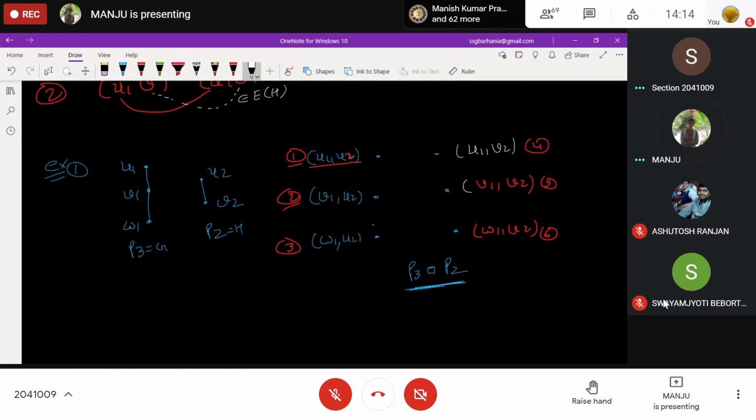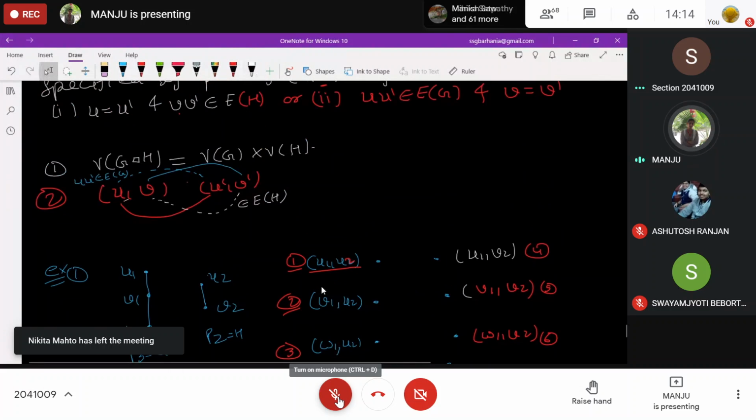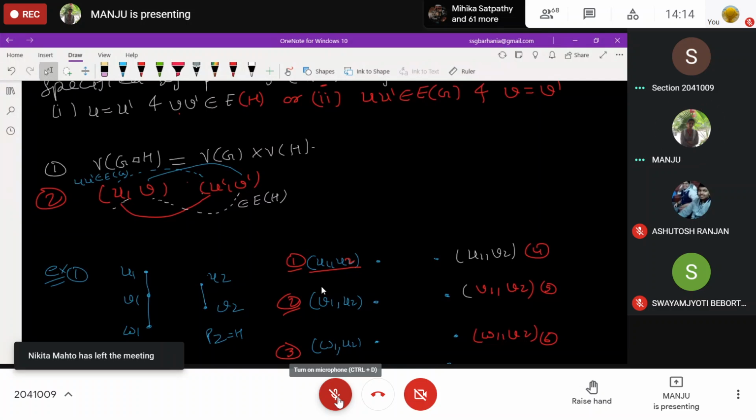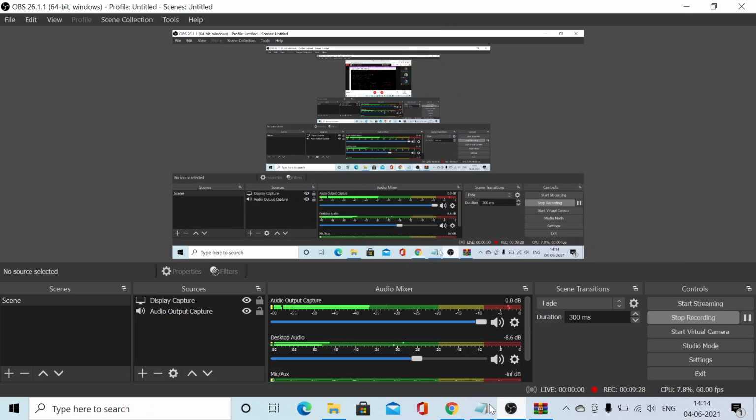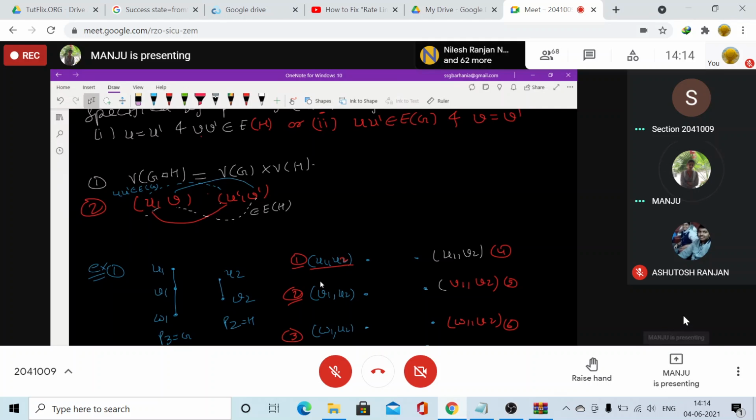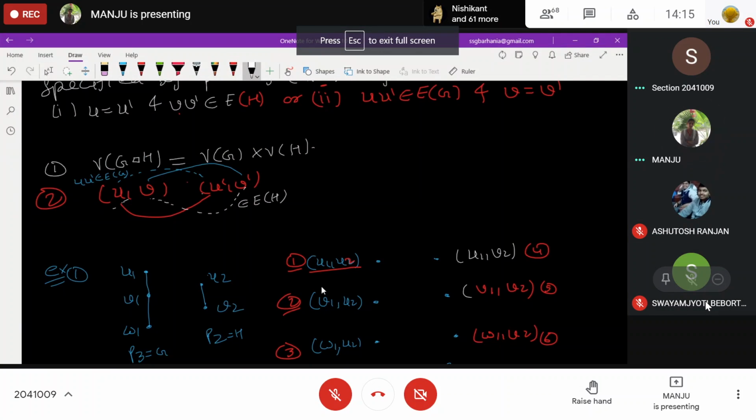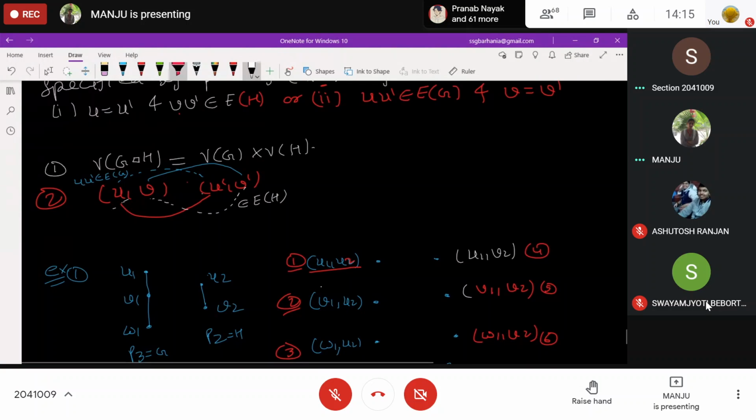Why not adjacent? See, analyze this condition. If the first coordinate is the same, then corresponding to the second coordinate, if we get an edge in the second graph, then we can draw it. And if the second coordinate is the same, then corresponding to the first one, if we have an edge, then we can draw it. Yes or no?